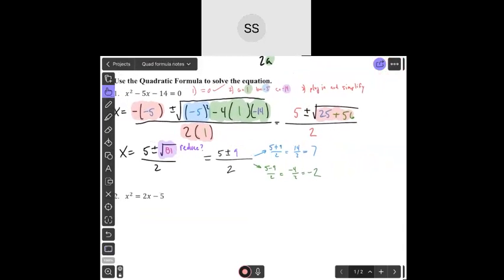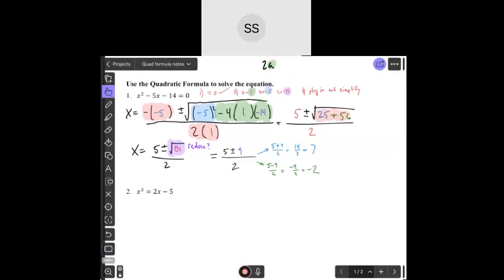So remember what we're doing there. By solving a problem, we're also finding its x-intercepts, its roots, its zeros. If we think about this problem in the way that we were given it, going back to the very first equation, we saw that our y-intercept was down there at negative 14. And then we just saw that one of our x-intercepts was negative 2. The other x-intercept was over here at 7.